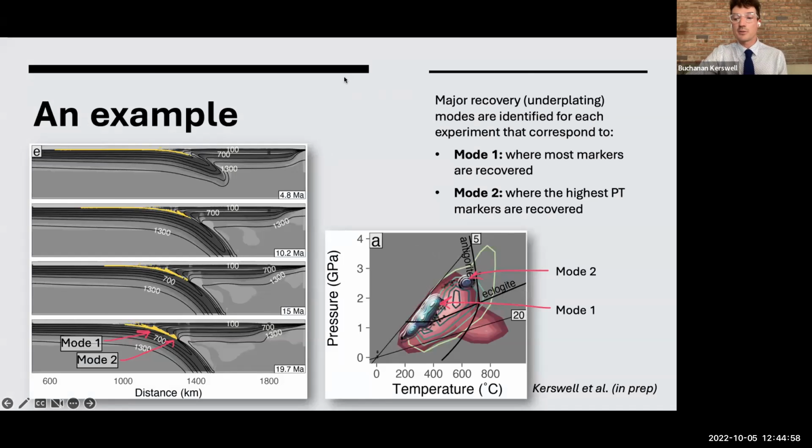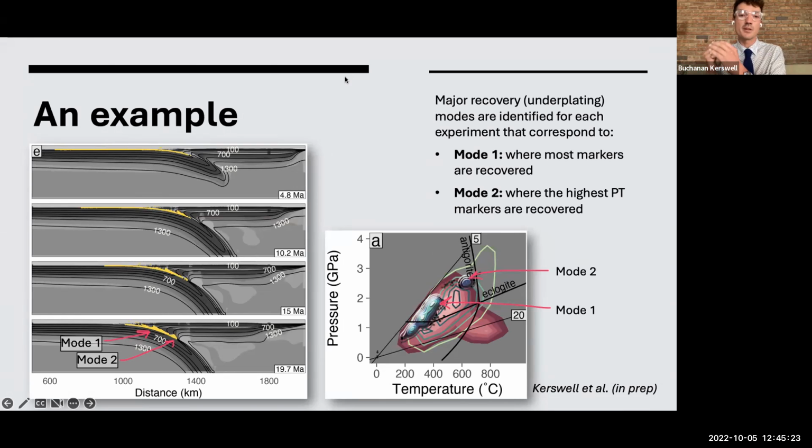So here's an example of how we do some calculations to look at how all these recovered markers vary with respect to subduction zone parameters. Our goal is to select out just the markers that are getting recovered, and we want to compare the distribution of those recovered markers.